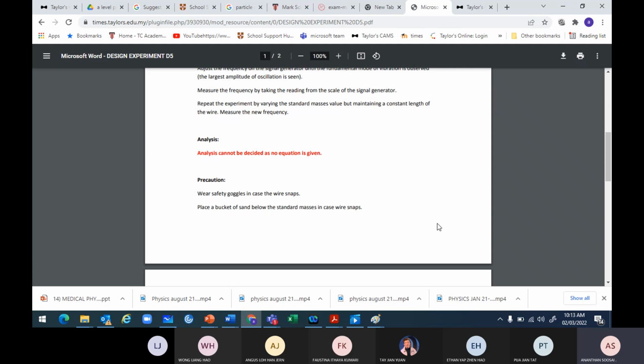Frequency is proportional to root of tension. That's the proportionality I asked you to include. Or you can put frequency equals to k root of T.